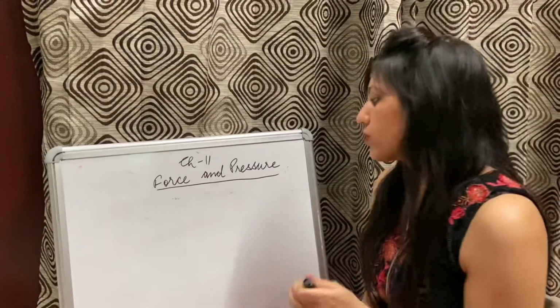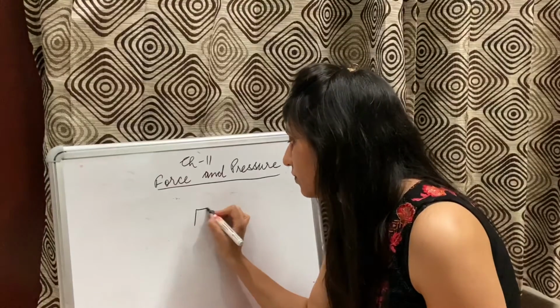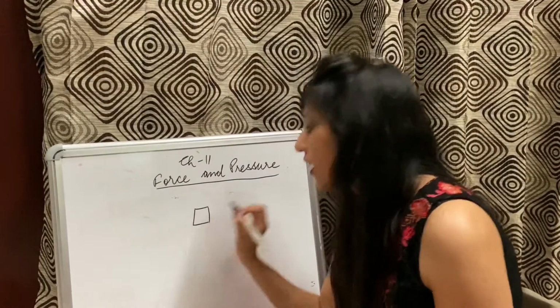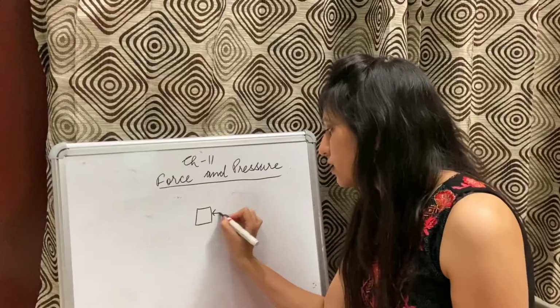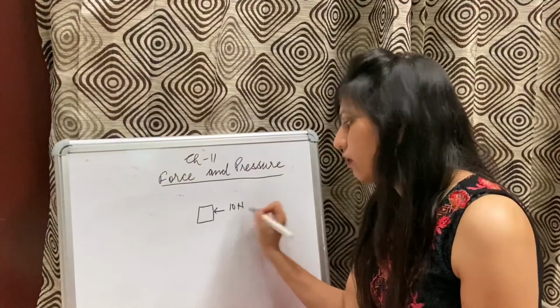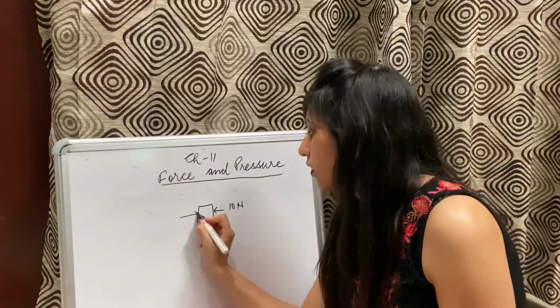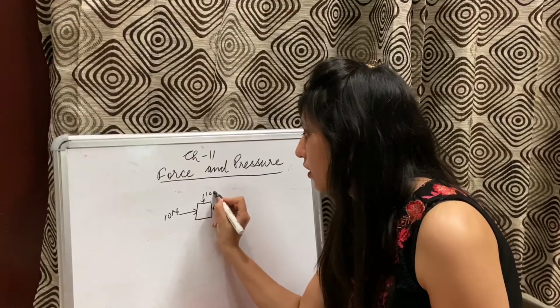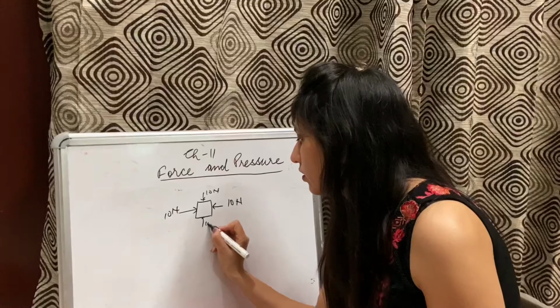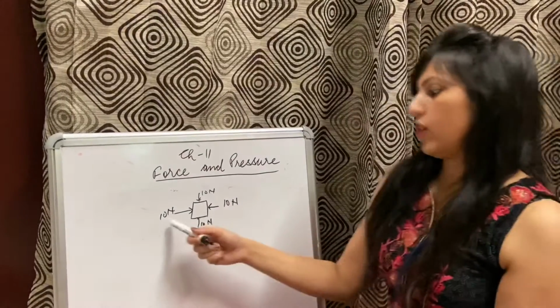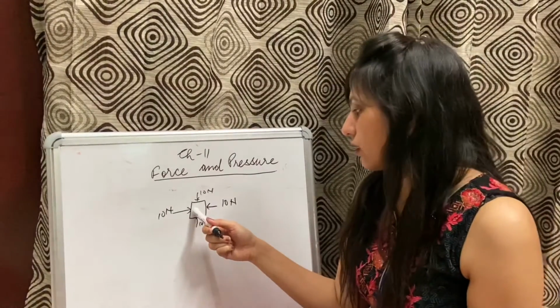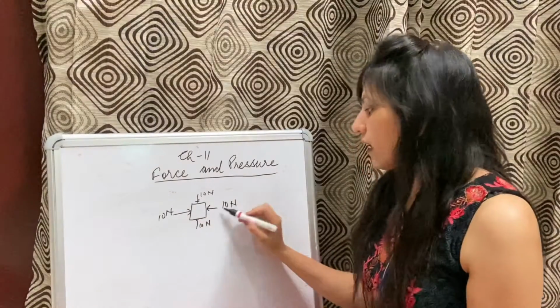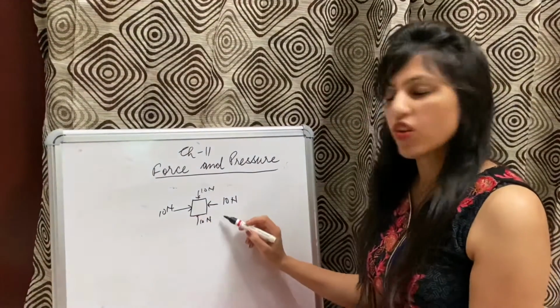Suppose we have a box here and we are applying some force, suppose 10 Newton from here and 10 Newton from the other side. Now you can see this box, you have applied 10 Newton force from every direction of the box.